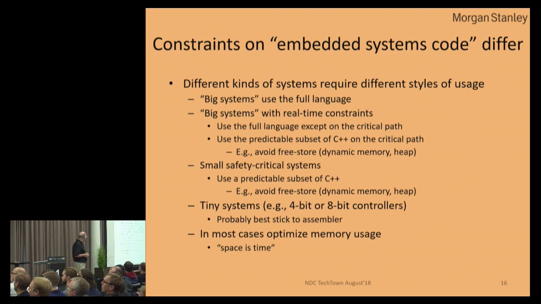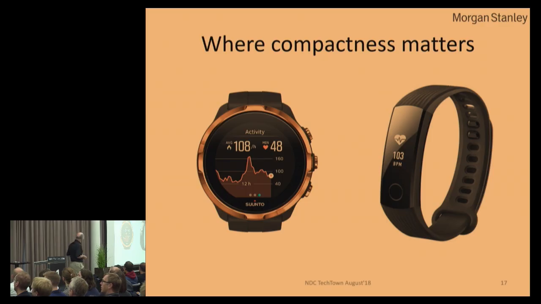And if you have 8-bit controllers, yeah, it can be done, but it's a very small subset. And basically, in most cases, I worry about space, because space is time. If I have to traverse a lot of data to get the answer, it's going to be slow. If I can be compact, yeah, I can be faster. So I'm always worrying about the amount of data we store.